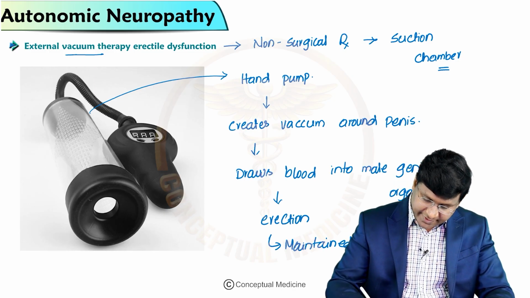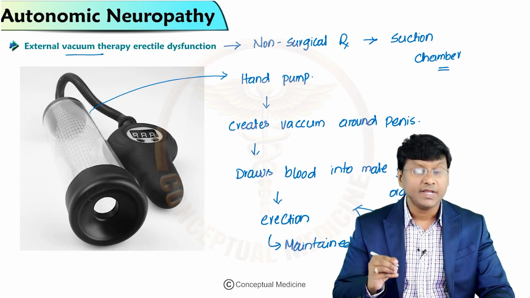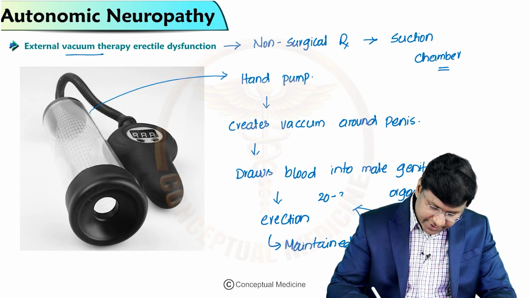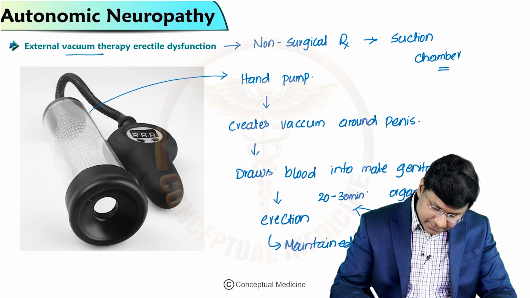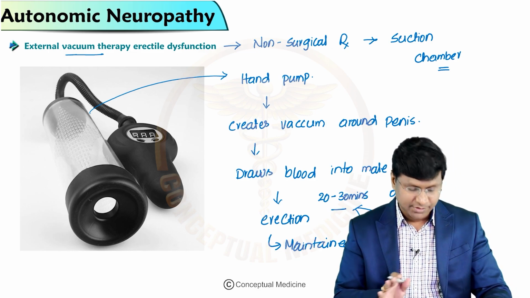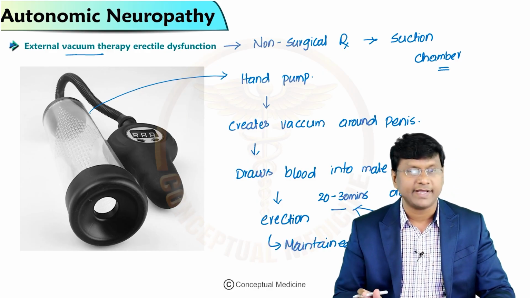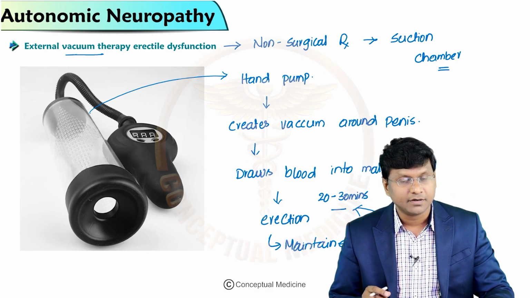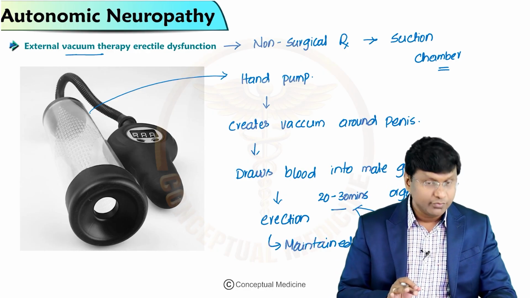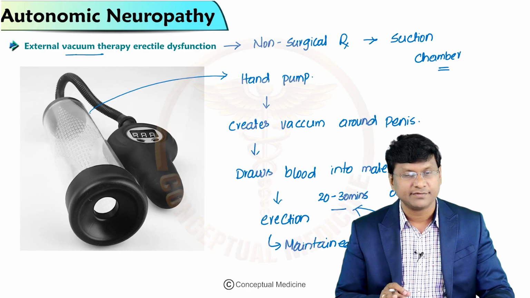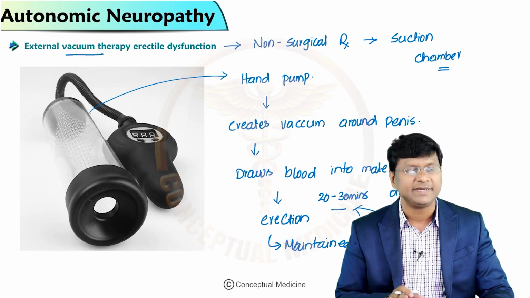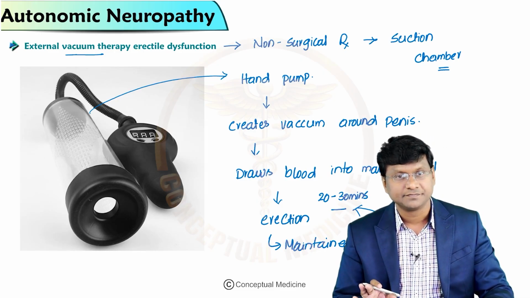This tension ring can be kept in place for up to 20 to 30 minutes. This is about external vacuum therapy for the treatment of erectile dysfunction. While this method is generally effective, it's cumbersome and that will limit its application.